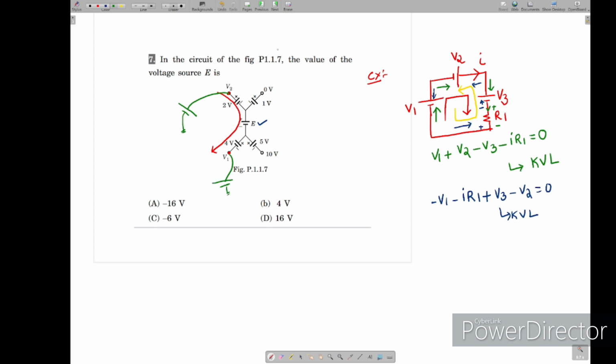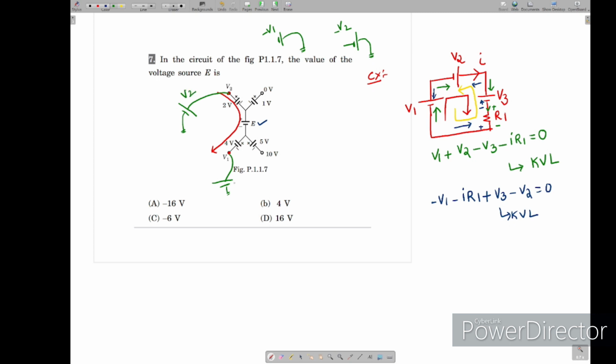If it is minus V2, we should connect negative first, with positive grounded. This is for minus V1. If it is minus V2, we connect negative first, ground to positive, but here it is positive, that's why I connected this. So this is V2, this is V1.